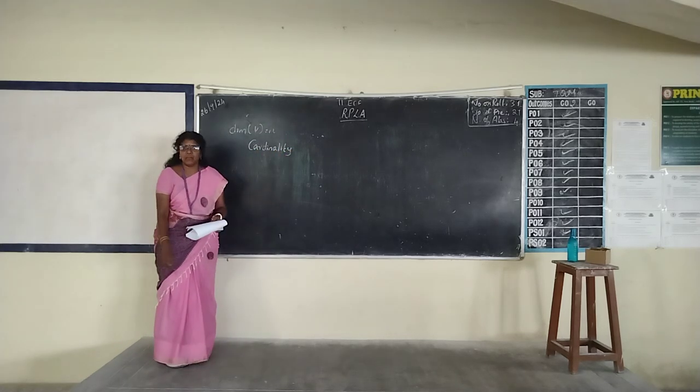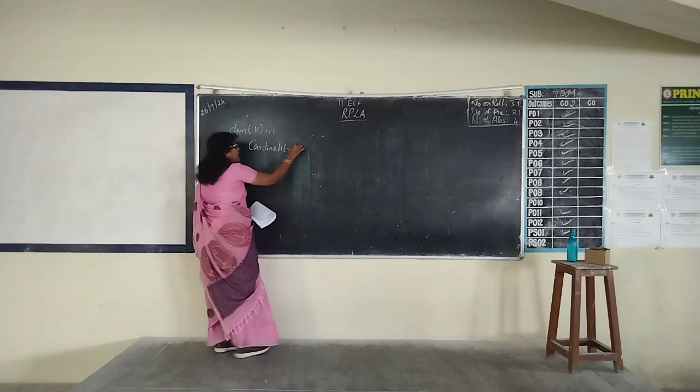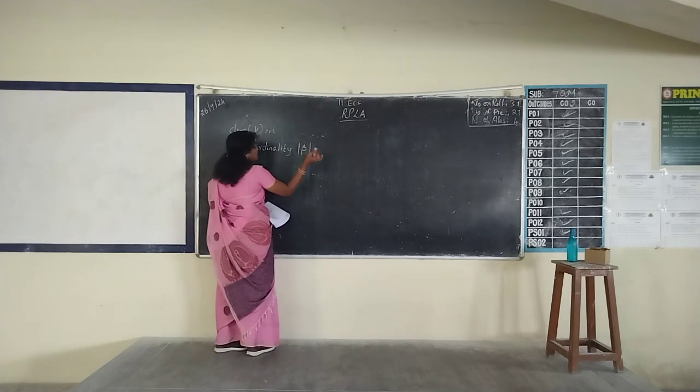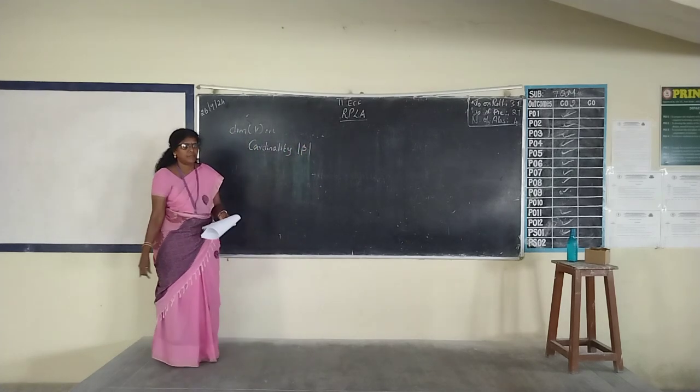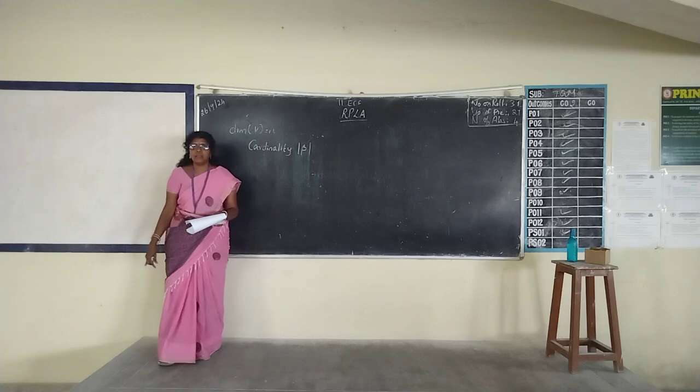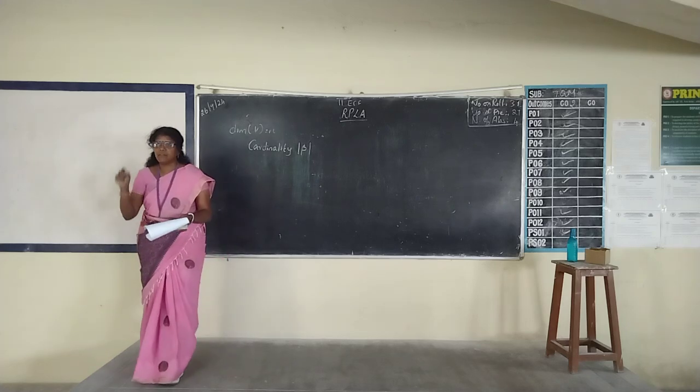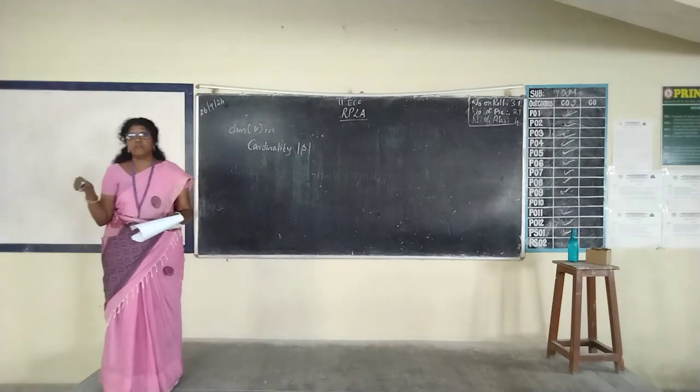Cardinality, the number of elements, will normally be noted by this symbol: cardinality of beta. And then the first subdivision, for the second point.